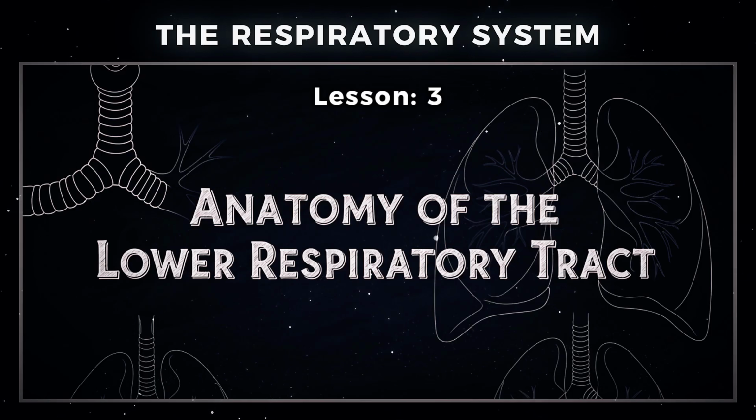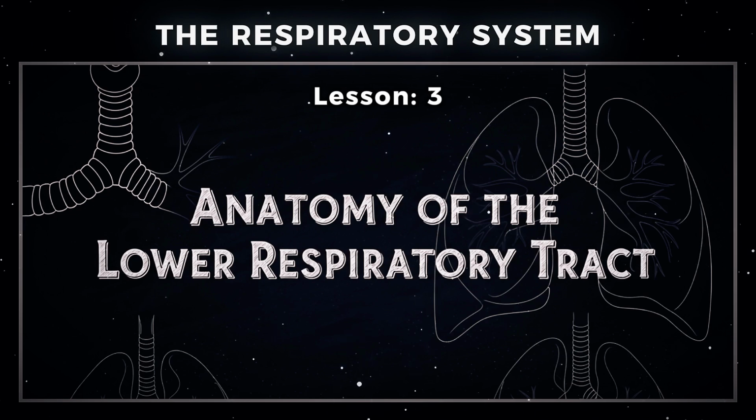This is where the apex of your heart nestles comfortably against the lung tissue. This intimate proximity is no accident. The heart and lungs are the most dedicated partners in your body, and their physical closeness reflects their functional interdependence.